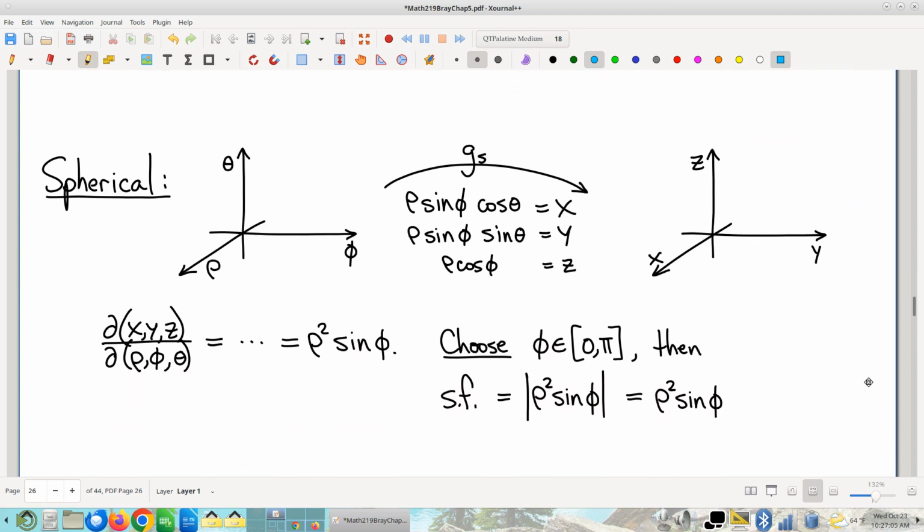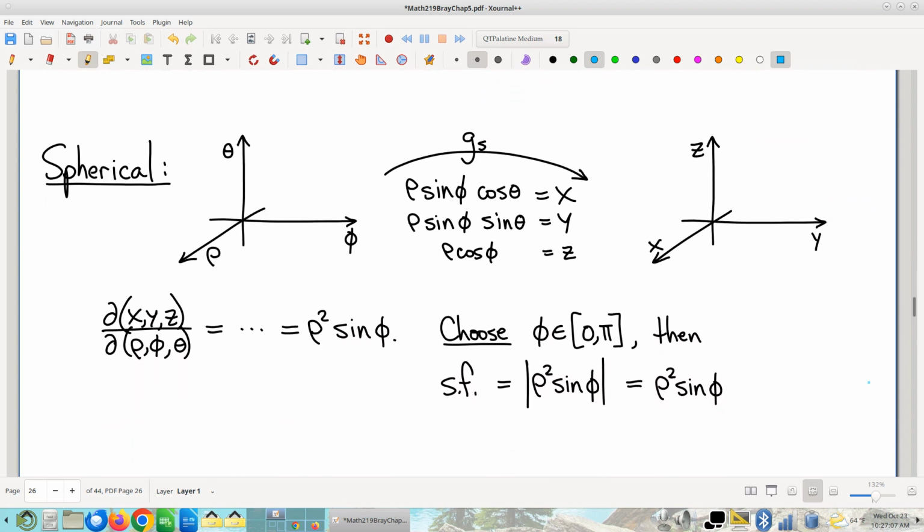Now, here's where things get a little different. Again, a lot of people mistakenly think that spherical coordinates is just like polar coordinates, just micro differences, but it's morally the same. And in particular, a lot of people think that rho is basically just like R, and it's just slightly different.